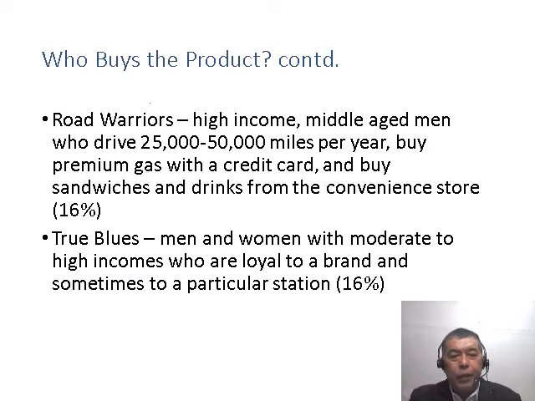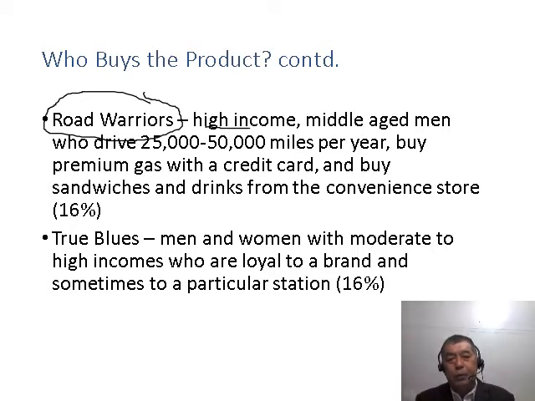The road warriors, from the perception of Mobile gasoline, have high income. They are middle-aged men who drive 25,000 to 50,000 miles per year.